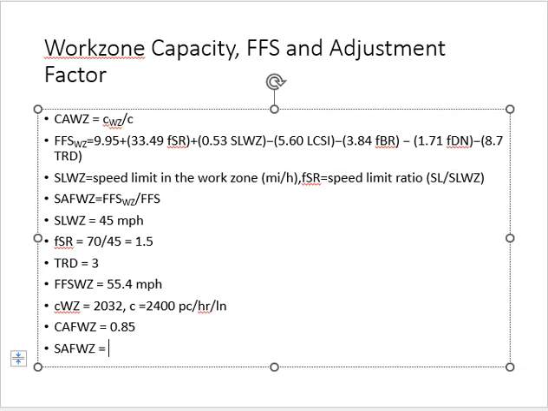I need the free flow speed of the work zone, which we already found from this equation. And I need the normal free flow speed, which is given in the question, 70. So this one is 55.4 divided by 70, which is 0.7.